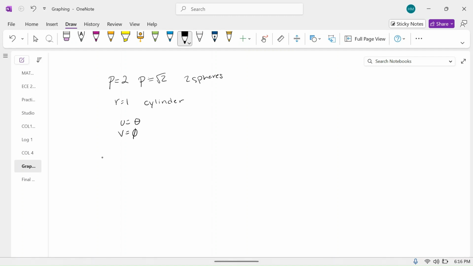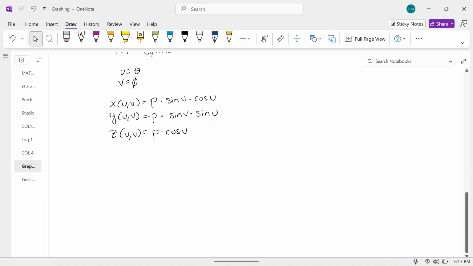So if we have our conversions of spherical coordinates, we will have x of uv equal to rho times sine v times cosine of u, and then y of uv equal to rho times sine v times sine u, and z of uv equal to rho times cosine of v.